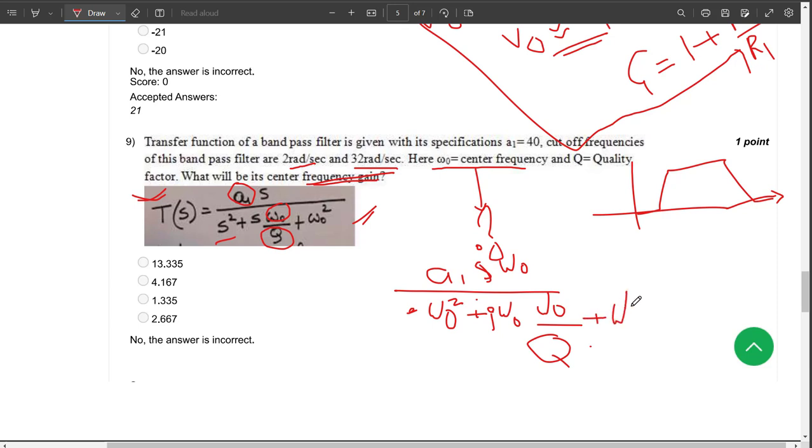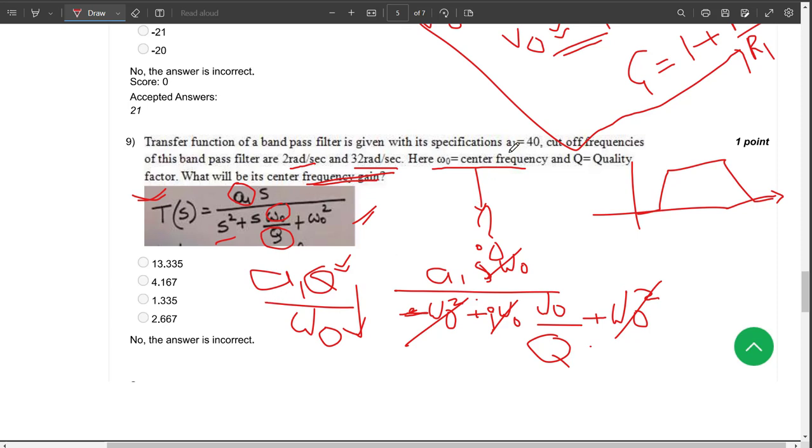I'm not writing all of this because I don't have a pencil; I'm using a mouse to write. Anyways, this will be cancelled out, and then this will be cancelled out, and it will be a1 q by omega naught, right?